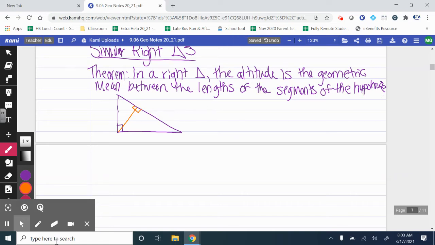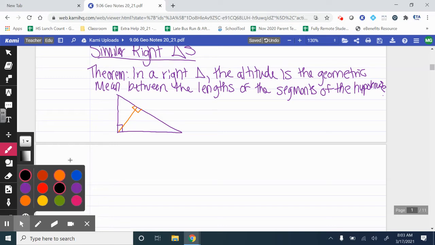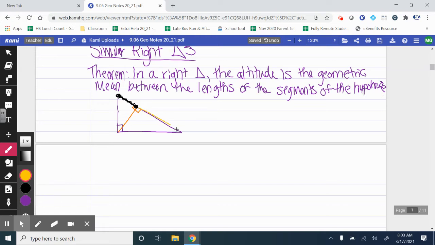The altitude is the geometric mean between the lengths of the segments of the hypotenuse. So what we mean by that is if we take this part of the segment and then we can take, this is the other part of the segment of the hypotenuse. So this whole thing is your hypotenuse and here is your altitude.